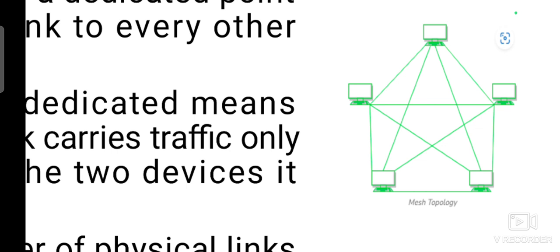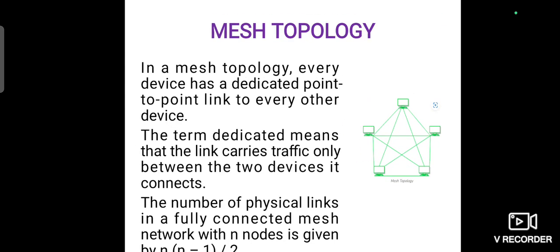So we have a formula, n into n minus 1 divided by 2. In this diagram there are 5 devices, so we need 5 into 4 divided by 2, that means 10 links. Here we have some advantages and disadvantages in this mesh topology.